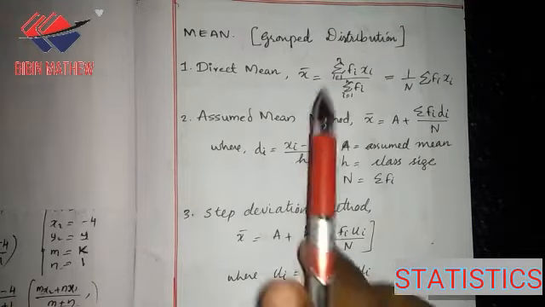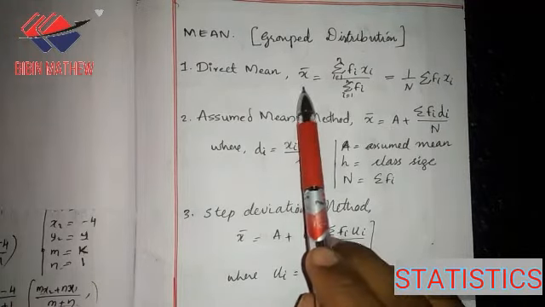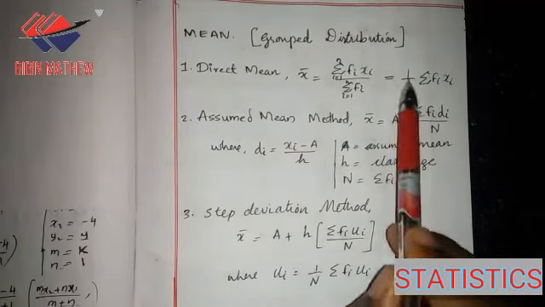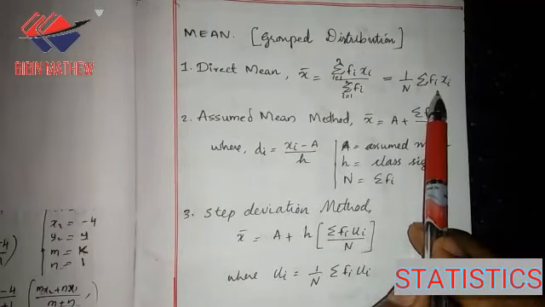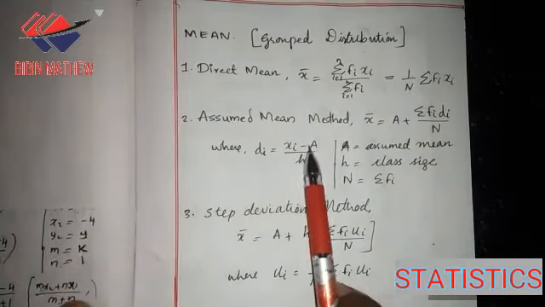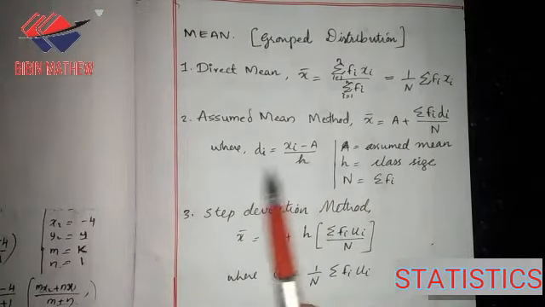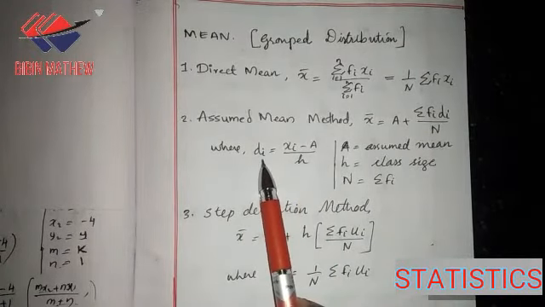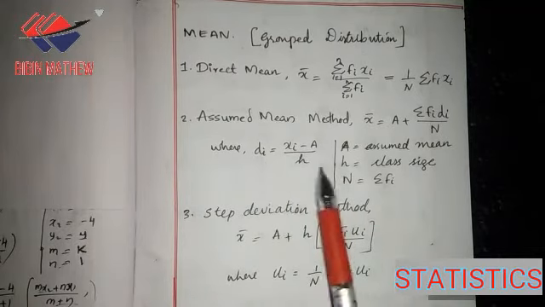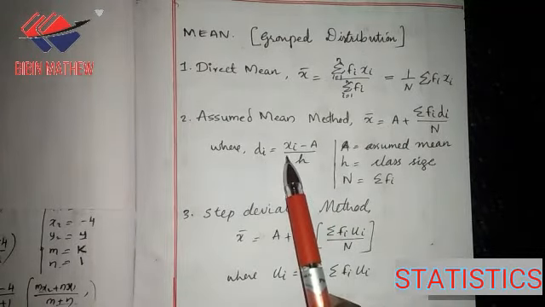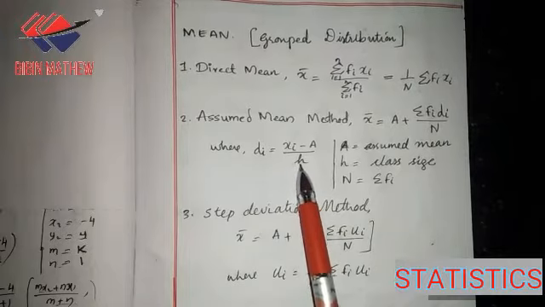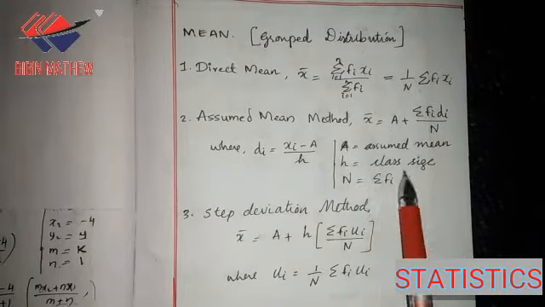Today, in the direct method, x bar is equal to 1 by n into sigma fi xi. In the assumed mean method, you have to find a particular column called di, the deviation. I will teach you when I am doing the sums, and you will get it very fast. Here di is xi minus a, and h is the size of the class, meaning the difference between the upper limit and the lower limit.